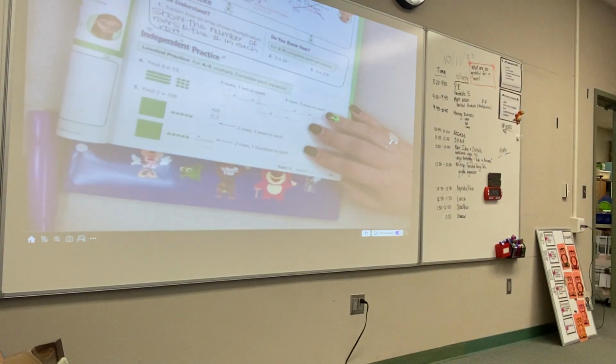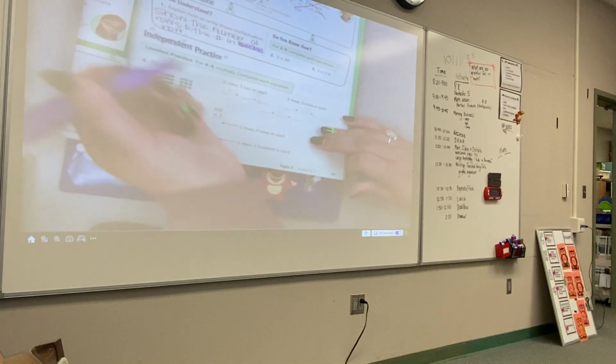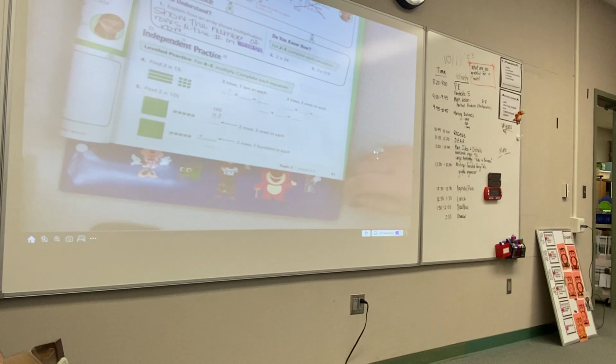And it's really important to look at each row, so I'm gonna highlight the word each, because you can't just count it in one row. You'll have to count each one in each row.